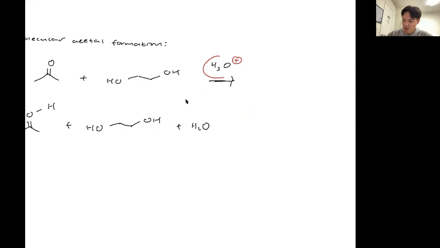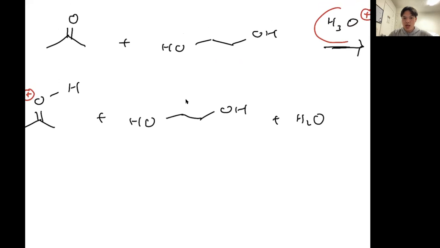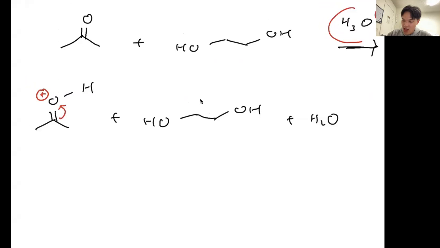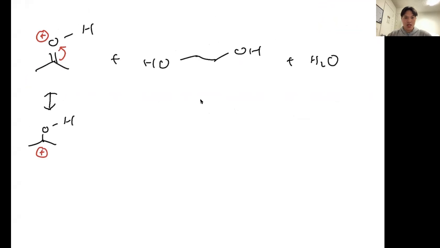So this is positively charged, but we know that there is resonance, and I'm going to show that by doing this. And then we have this compound now, which is this carbon is positively charged.